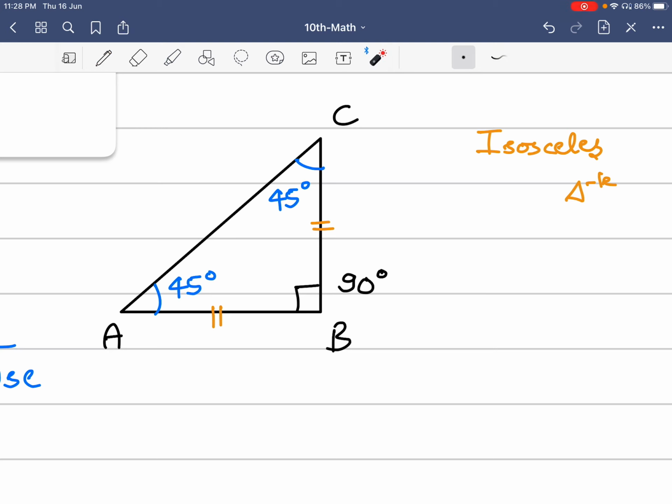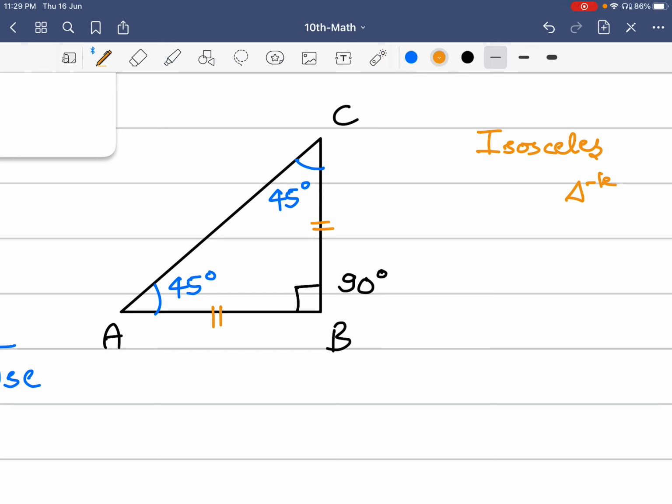Since by construction we have constructed this triangle ABC such that angle A is equal to angle C, 45 degree, this becomes an isosceles triangle, and these two sides are equal or congruent.